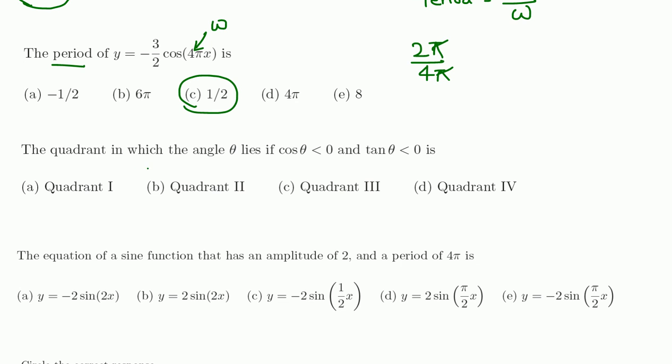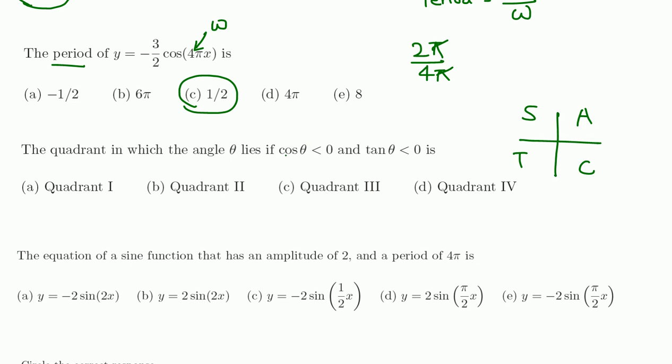The quadrant in which the angle theta lies if cosine theta is negative and tangent theta is also negative. So which quadrant? Let's look at all 4. We know that all students take calculus: all trig functions are positive in the first quadrant, then sine and cosecant positive, then tangent positive, then only cosine and secant positive.